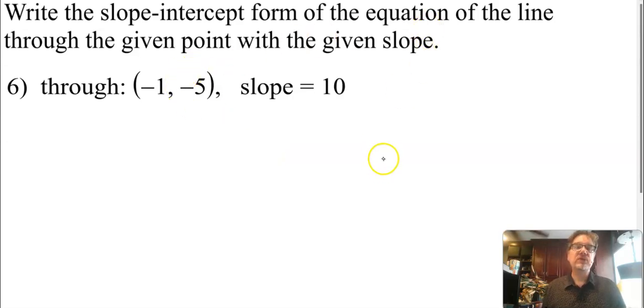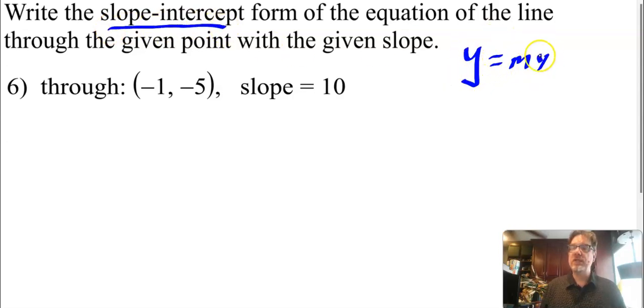All right, let's do it again. Write slope-intercept. My answer needs to be y equals mx plus b. Write it through this given point. Well, again, they gave me a point and a slope. That's point-slope form.